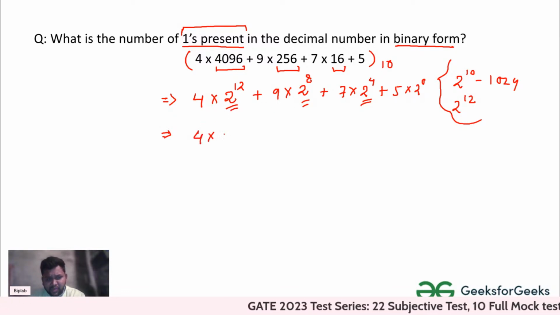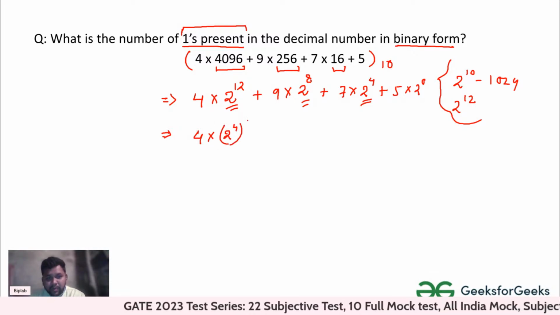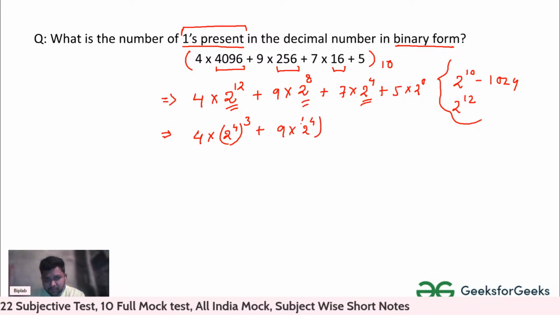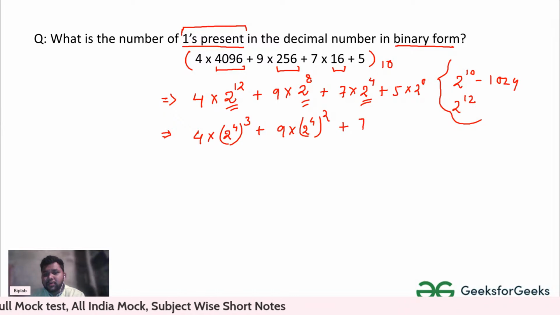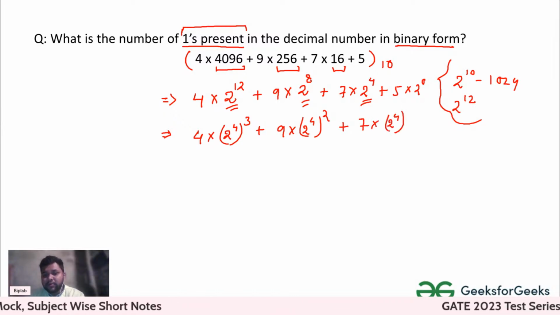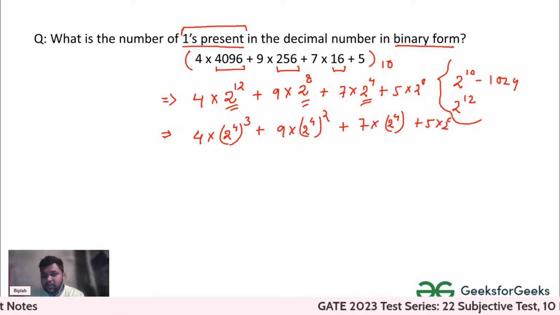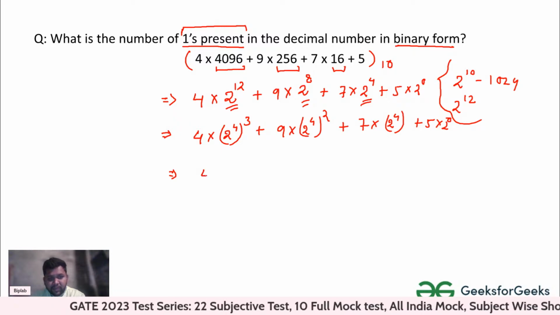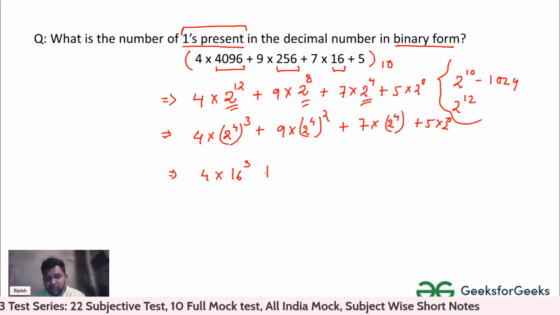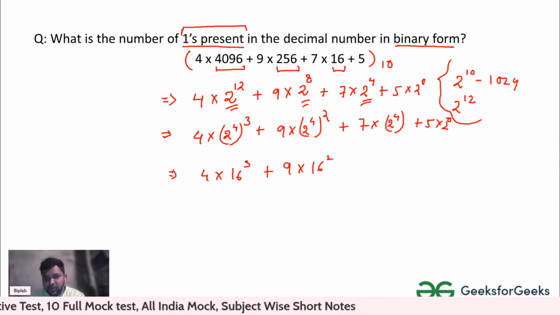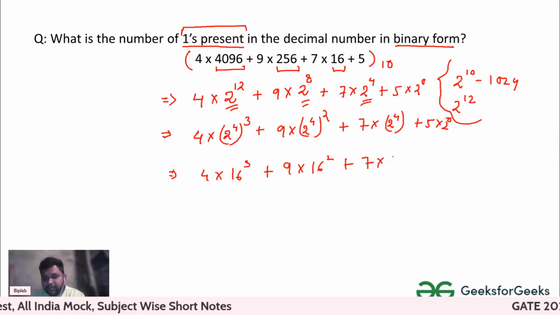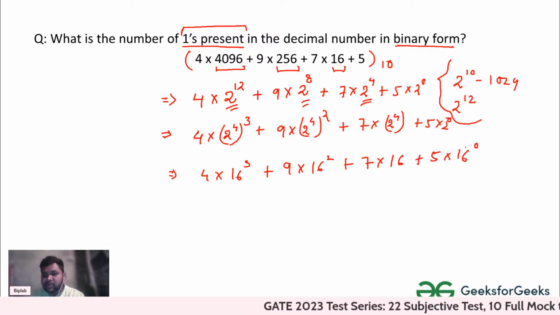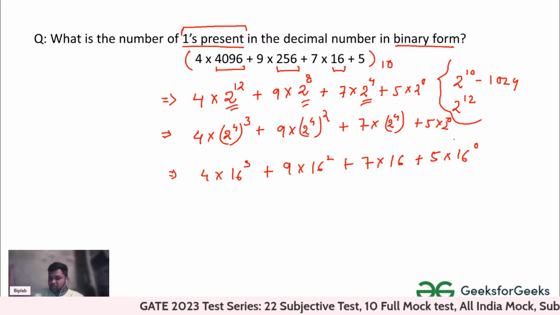So let's rewrite this. 2 to the power 4 power 3, 2 to the power 4 power 2 plus 7 into 2 to the power 4 plus 5 into 2 to the power 0, which also results as 4 into 16 cube plus 9 into 16 square plus 7 into 16 plus 5 into 16 to the power 0, that is also 2 to the power 0.